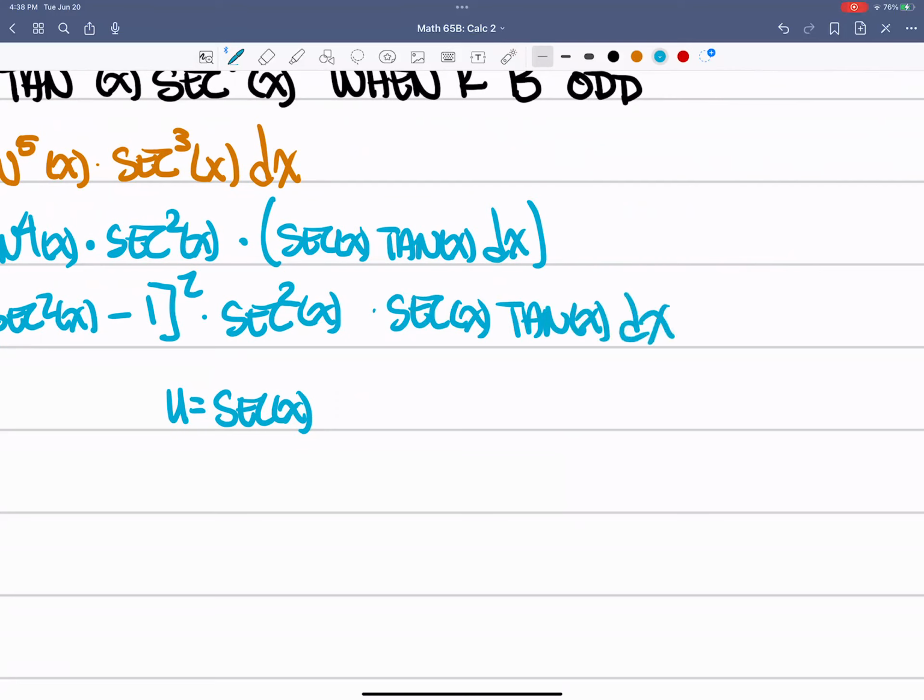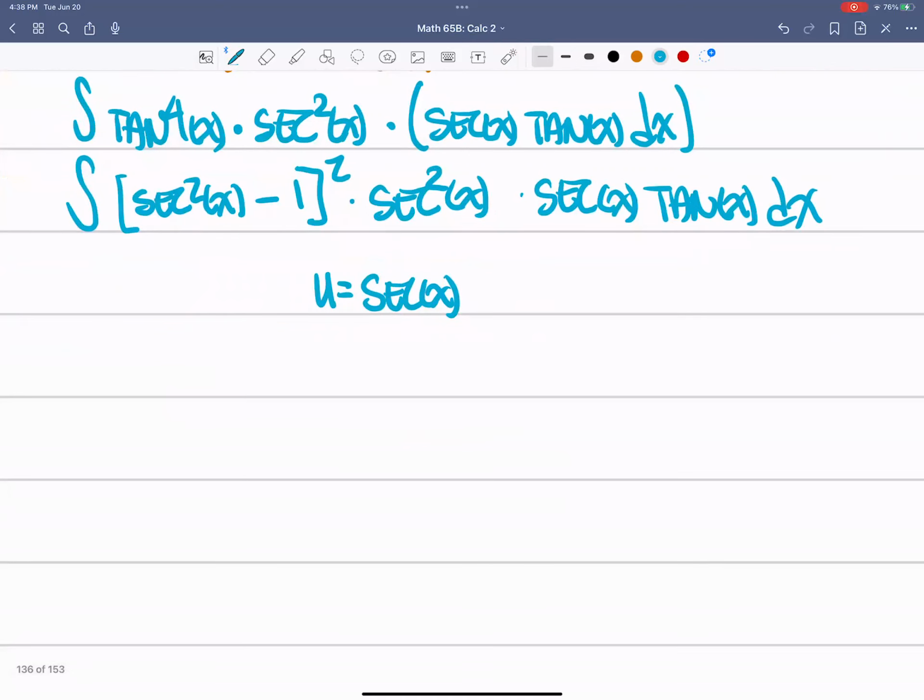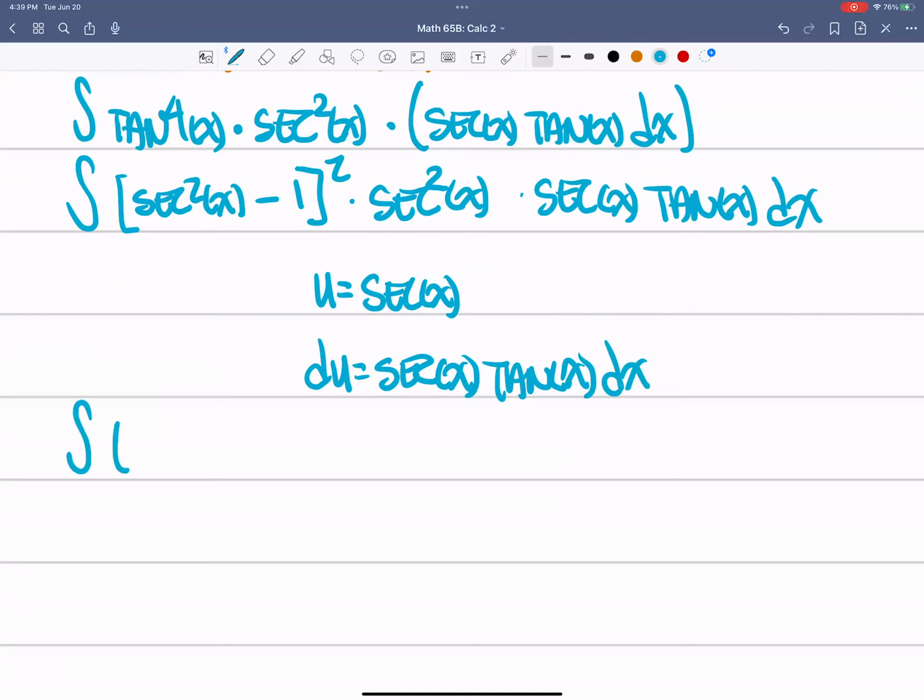So let u equal secant x, du is going to be equal to secant x tangent x dx. Everywhere we see a secant, we're going to let u equal that. So we have u squared minus 1, squared, times u squared.